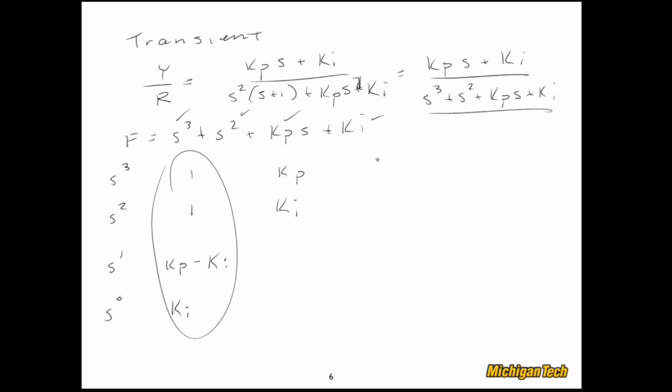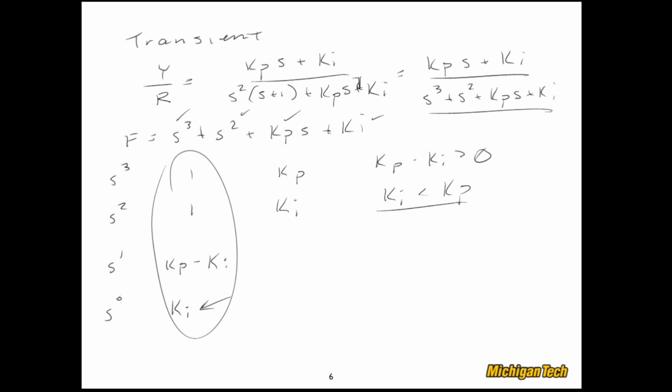What that means, assuming that Ki is positive, is that Kp minus Ki has to be greater than 0. That means that Ki has to be less than Kp. Now this is not for all PID controllers. This is only because of the particular plant that we're looking at, the 1 over s times (s plus 1). So Ki has to be less than Kp.